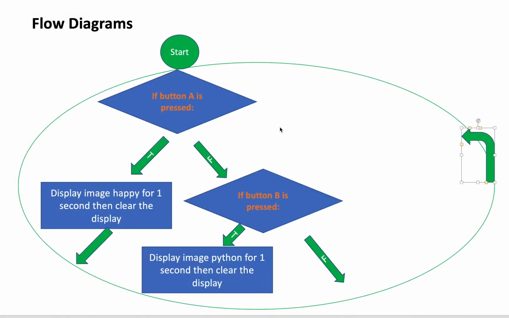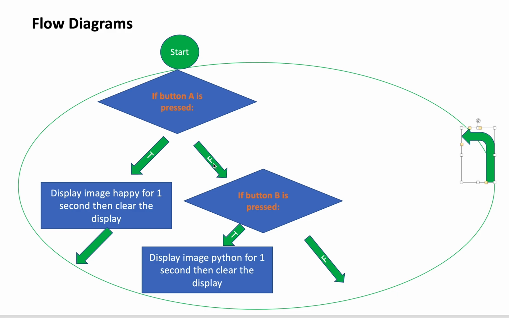So now we're going to talk about using both buttons. I've created a new flow diagram to visualize how my program is going to operate. When we press start, we're first going to check if button A is pressed. If that is true, we're going to display an image of a happy face for 1 second, then we're going to clear the display. If it is not true, that means it's false.